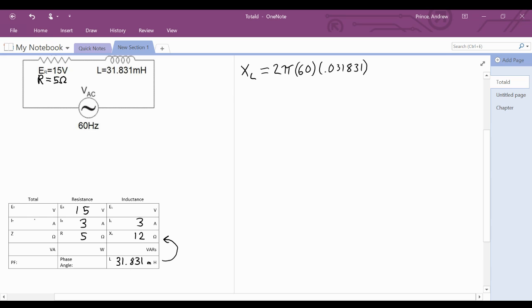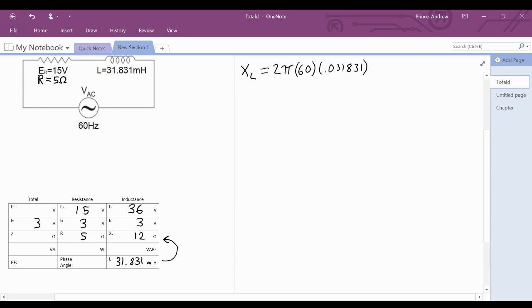And I know that's going to be the same across all of these because this is a series circuit. Okay, so next I can solve for my missing voltage here. So the voltage drop across the inductor would be 3 times 12. So that's going to give me 36 volts across the inductor.